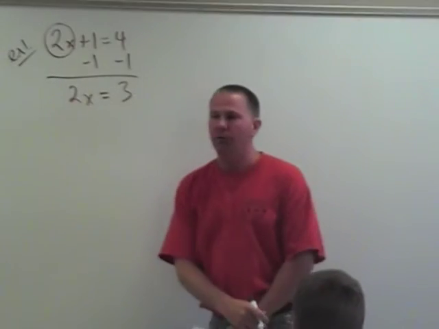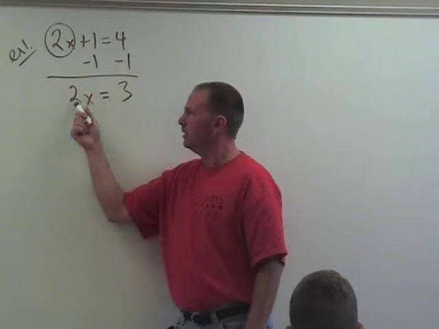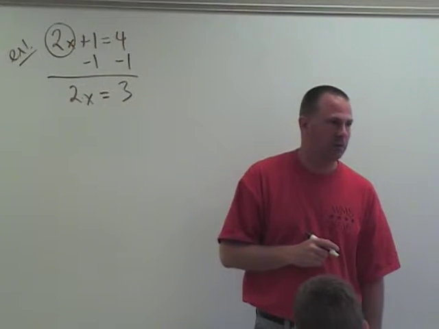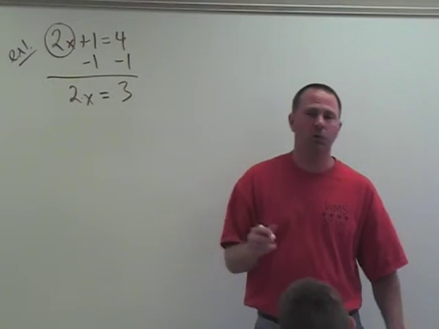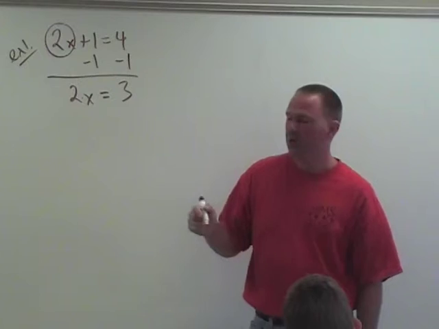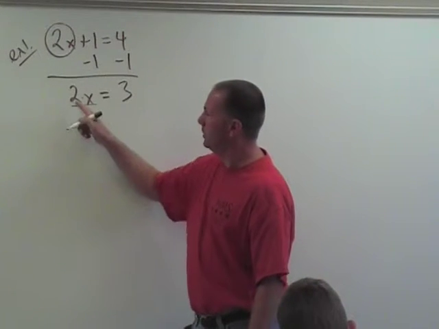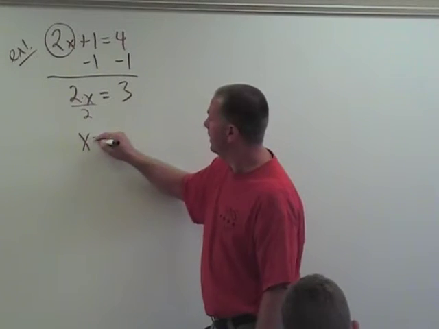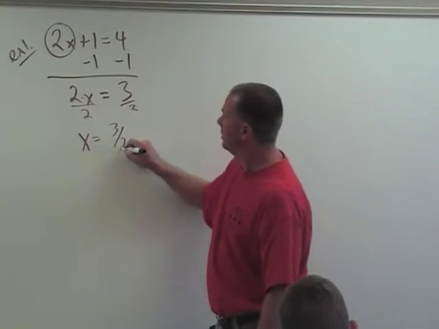Step number 3, make the coefficient a positive 1. I make it a positive 1 by either multiplying by the reciprocal or doing the opposite operation. Which one do you want to do at this point? You want to do the opposite operation? So we'll divide off the 2, and when we do that, that becomes a positive 1, doesn't it? Yep. All right, positive 1x. So your answer is 3/2.